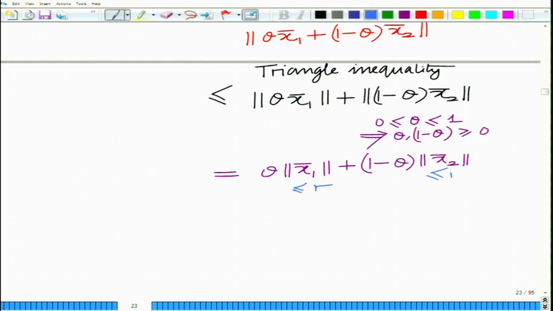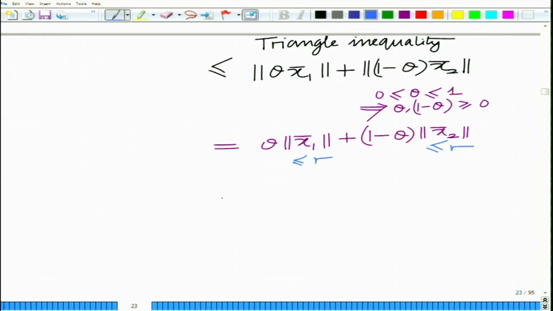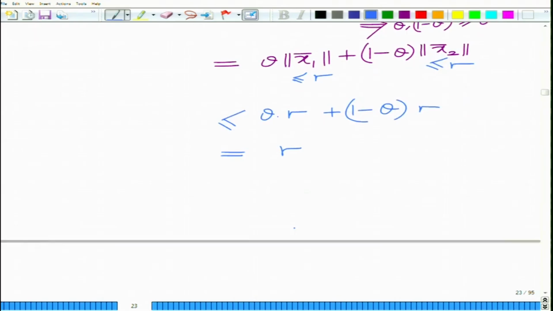Remember, both these quantities lie in the interior of the ball, therefore, they are less than or equal to r. So, this is less than or equal to theta times r plus 1 minus theta times r, which is nothing but r.